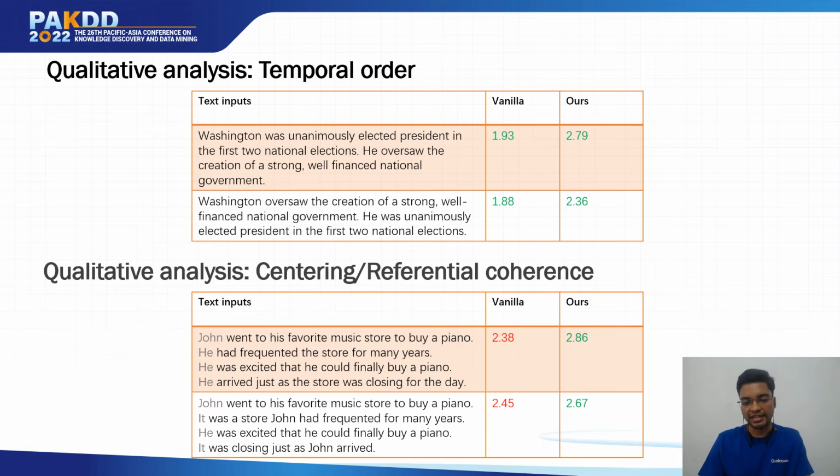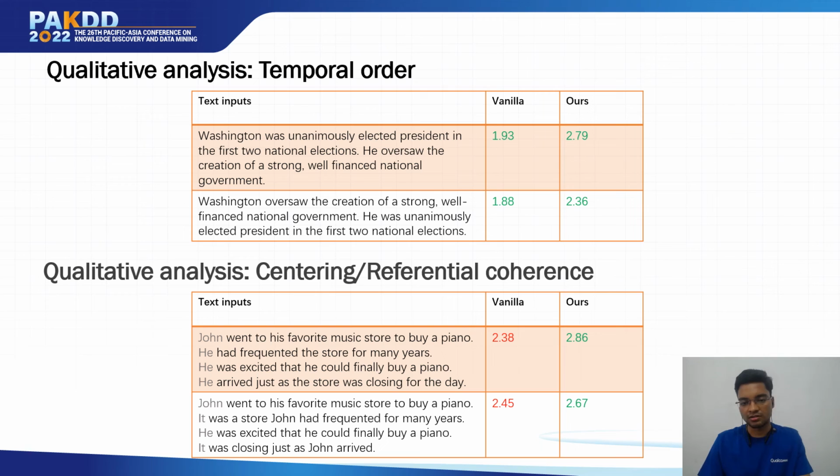But in the second example, we can see John is the central entity in the first sentence. But in the second sentence, the store becomes the central entity, like it was a store John had frequented for many years. So this whole paragraph should be given a lower coherence score when compared to the first.